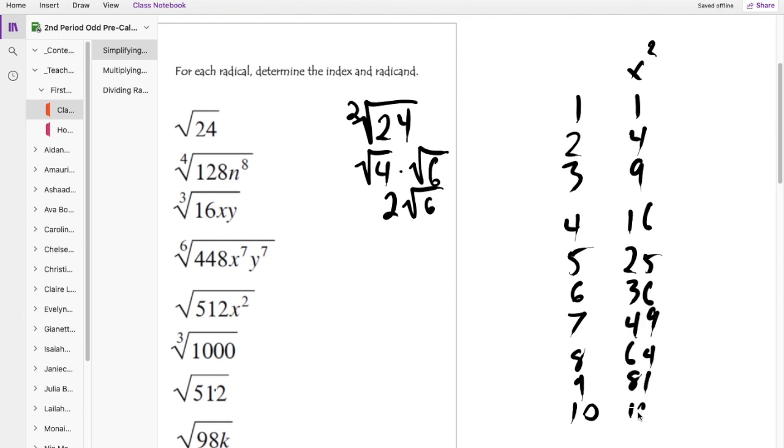What this is going to do is help me find these factors that will help me reduce the radicand. I'm also going to list out perfect cubes, but I'm only going to go up to 6, because a lot of the time 6 is good enough to find whatever number you're looking for.